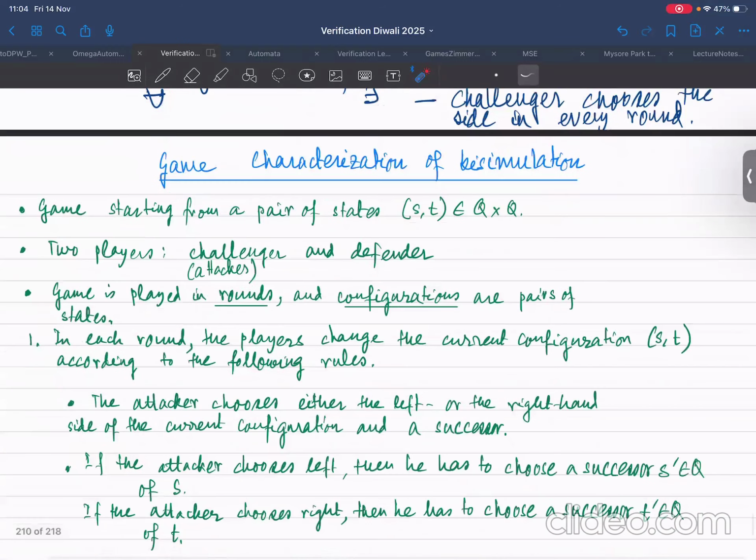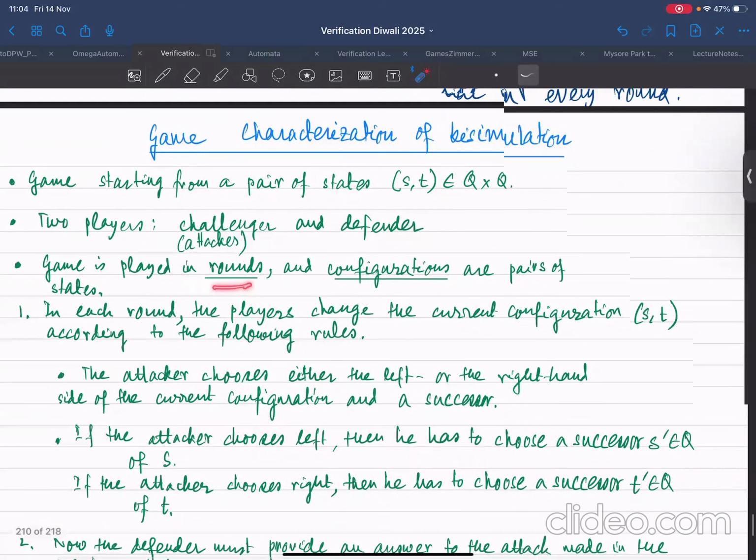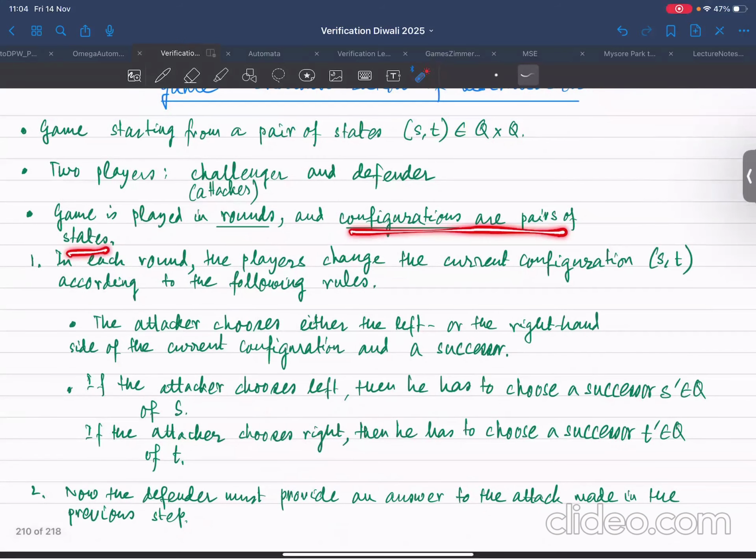Okay. So this is what we say, that the game starts from a pair of states, S comma T, and the two players are the challenger, sometimes also called an attacker, and the other player is called the defender. The game is played in rounds, and the configurations are pairs of states. In each round, the players change the current configuration according to the following rules.